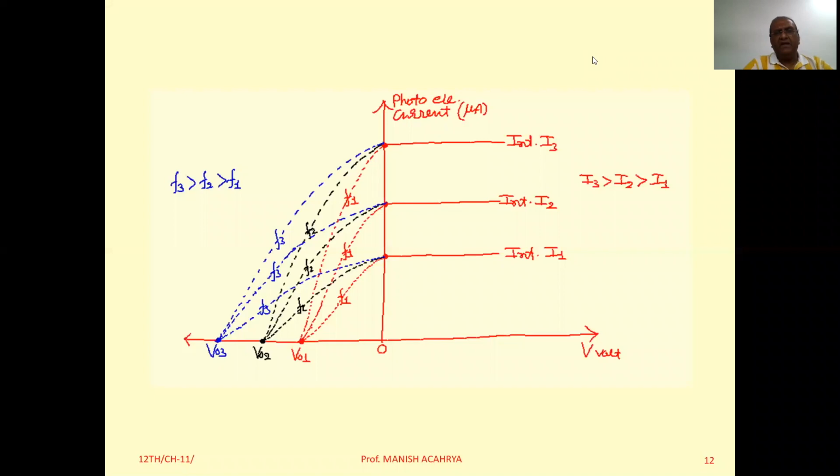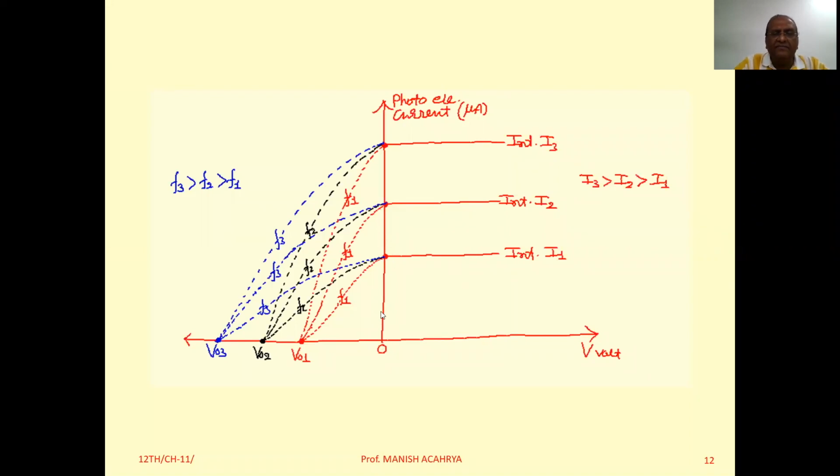Now, applying different potentials at the collector, the photoelectric current was measured and the graph of photoelectric current versus voltage was prepared. Say, for incident radiation, the intensity is I1.